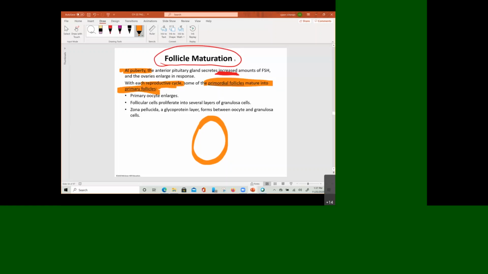This is where the follicular cells proliferate and become granulosa cells. And there's actually going to be a zone surrounded by a zone called zona pellucida, which is actually a glycoprotein layer.